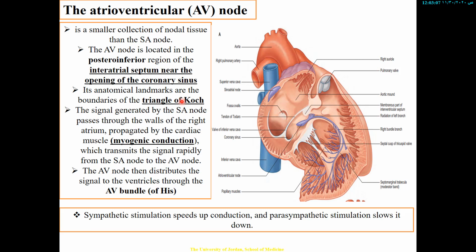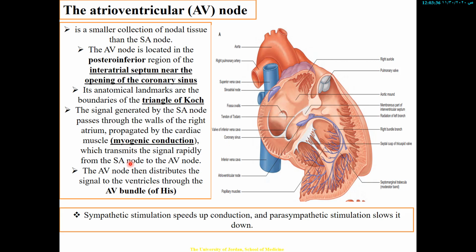I didn't explain this triangle for you; I think it's for a more advanced level, for cardiac surgeons. The location can be found by the surgeons. They know this area and all the structures surrounding it.